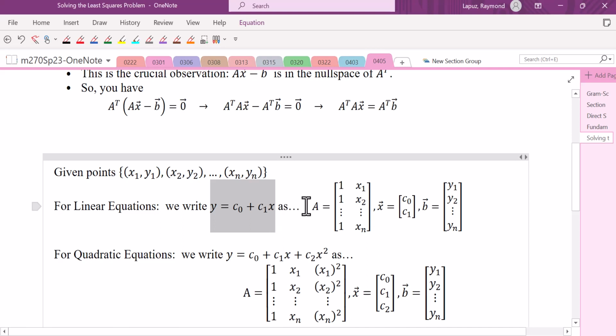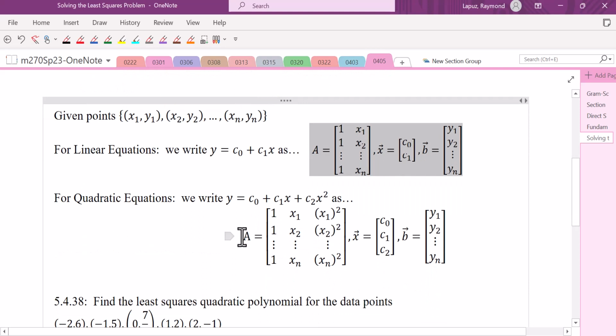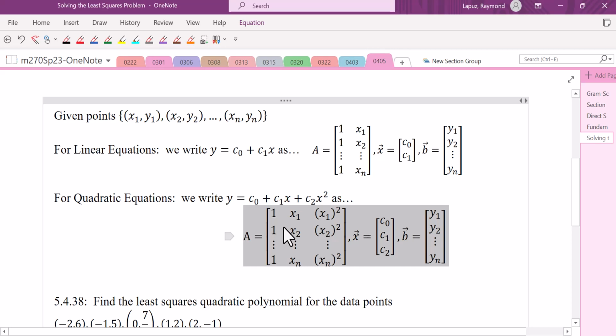From there, you can rewrite this with these equations to have this as an A, the unknowns c0 and c1 as an x, and your y values as your b. Same for the quadratic: your quadratic equation would look like this, so these are going to be your A values and your b values.